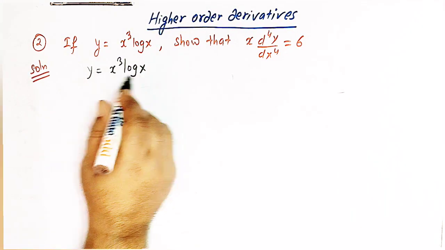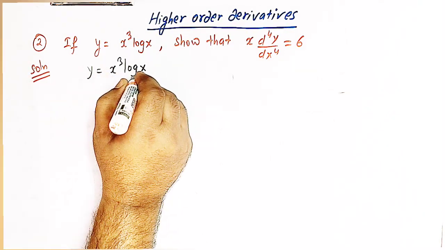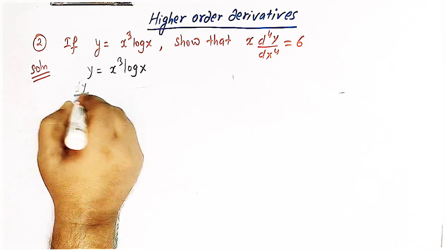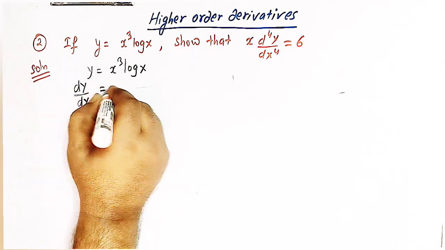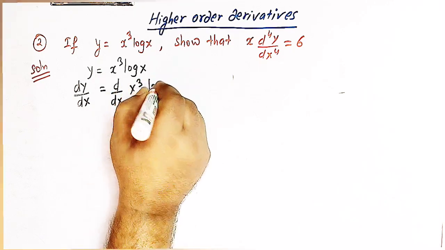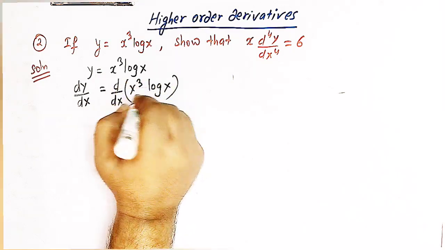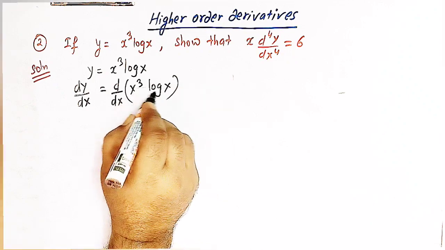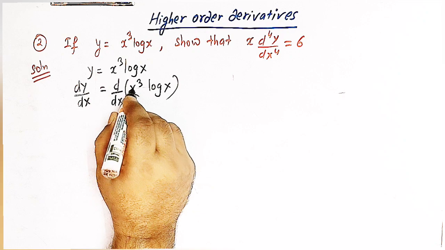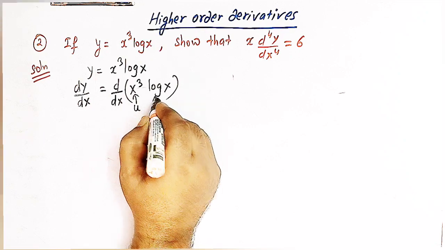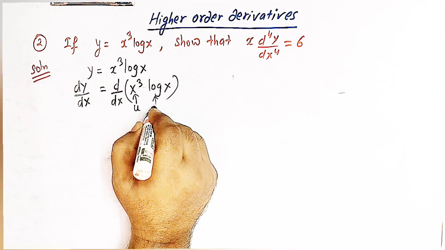So now differentiating both sides with respect to x, we have dy over dx is equal to d by dx of x cube log x. And here, to get the derivative of x cube log x, we'll make use of the product rule by taking x cube as the function u, and log of x as the function v.